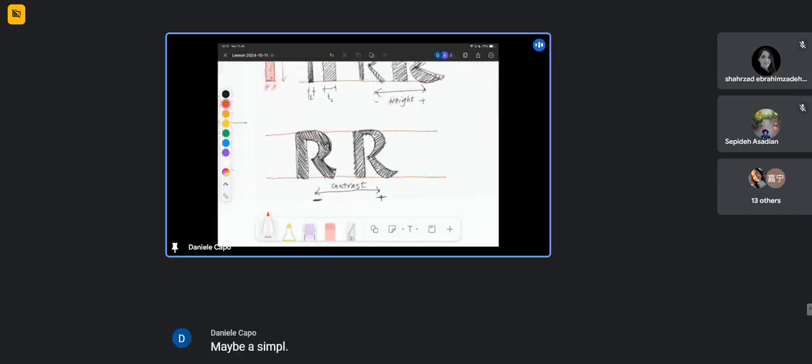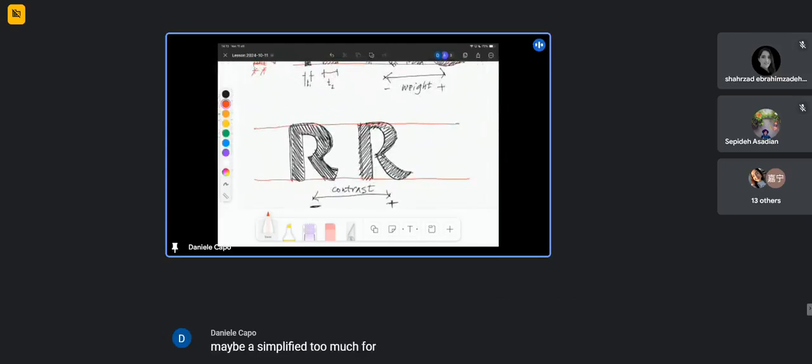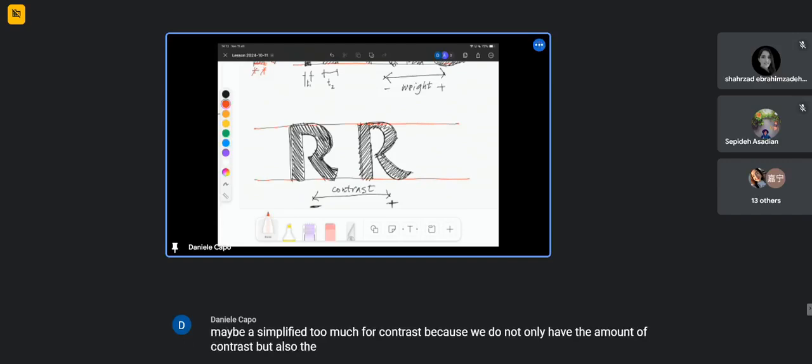Maybe I simplified too much for contrast, because we do not only have the amount of contrast, but also the model of contrast.